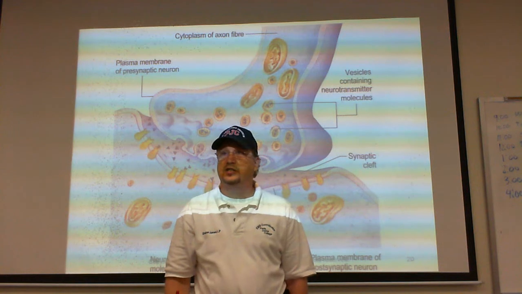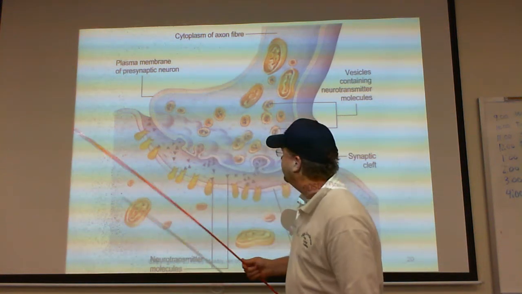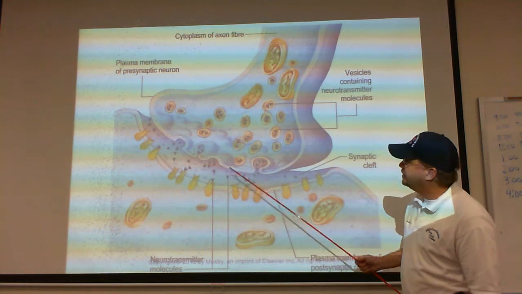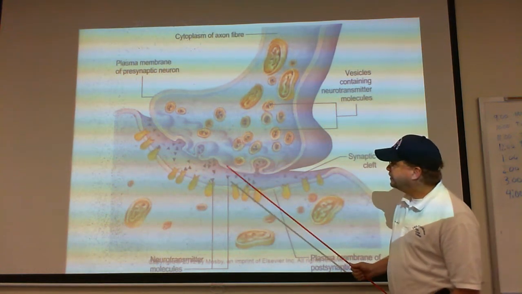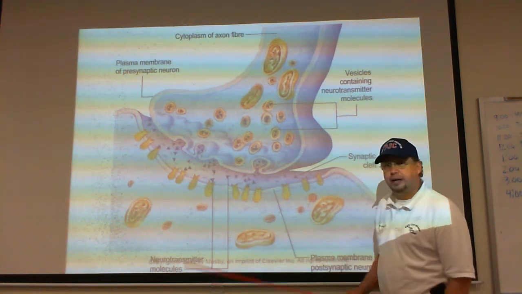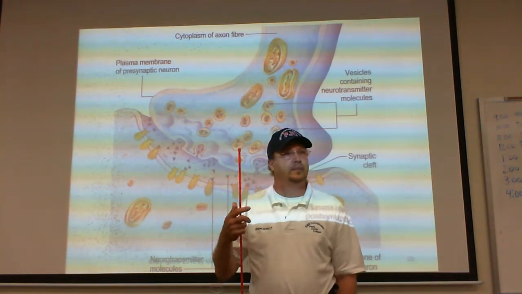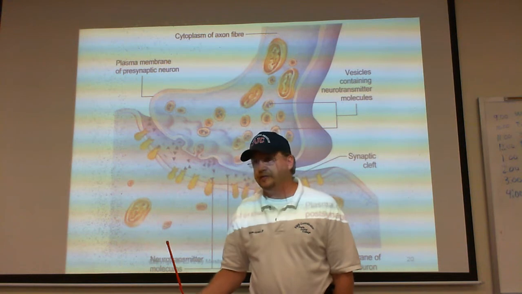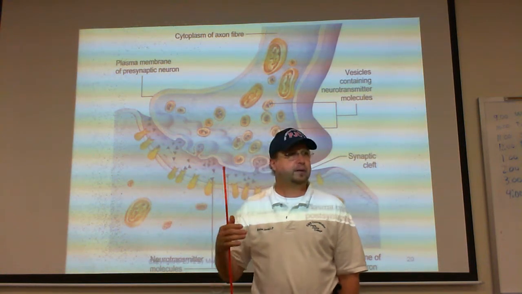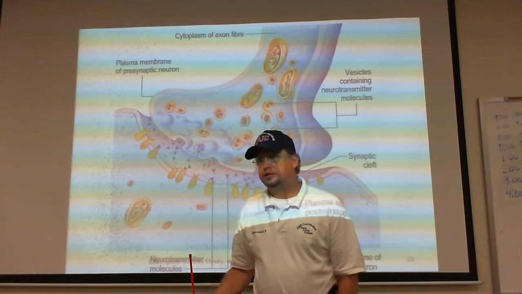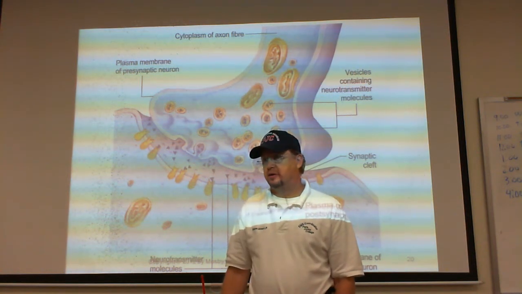The speed of conduction there is called dromotropy. So if this were sympathetic and this was heart tissue in the SA node, that would be norepinephrine. These would be beta 1 receptors that it is attaching to, and it would have a positive chronotropic effect on the heart. It would have a positive inotropic effect on the heart and a positive dromotropic effect on the heart.